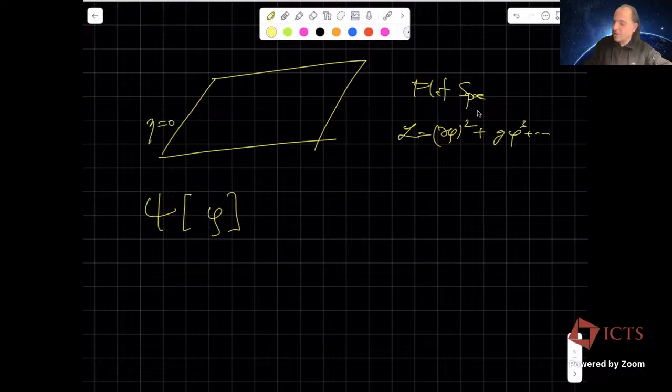I call the time eta, like the conformal time in cosmology as well, but it's eta equals 0. So we're looking at the vacuum state. We can think of this as being obtained by computing the path integral over all field configurations that end on phi here at eta equals 0, with the i epsilon prescription going back off to minus infinity.